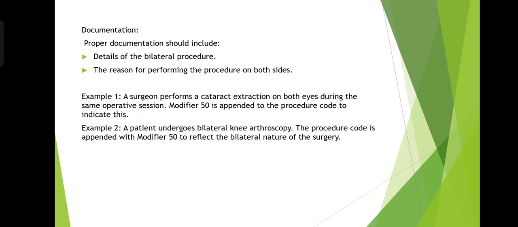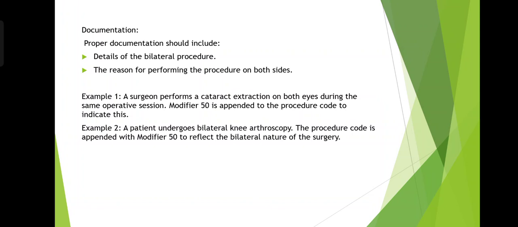Example 1: a surgeon performs a cataract extraction on both eyes during the same operative session. Modifier 50 is appended to the procedure code to indicate this. What did they do?